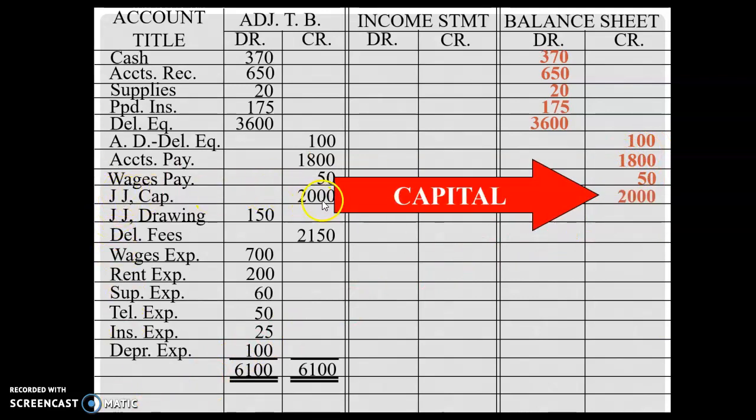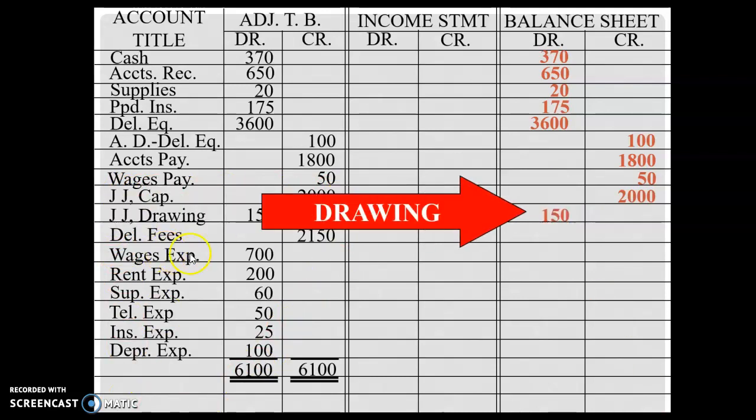Here's the capital account. It has a credit balance, and we're copying that. And the withdrawals, the owner withdrawals, the drawing account has a debit balance, and we copy over that. Now, after the drawing account is revenue, and then there's a bunch of expenses, and all of those belong into the income statement column, not the balance sheet column.